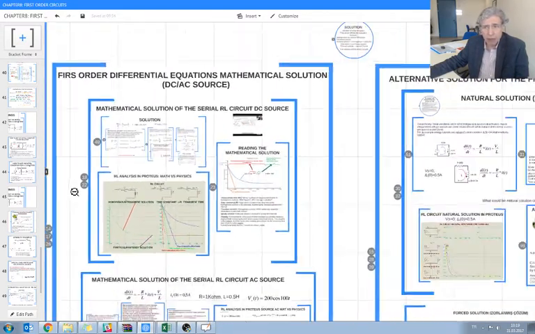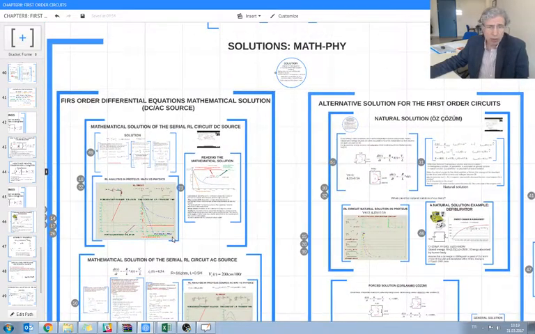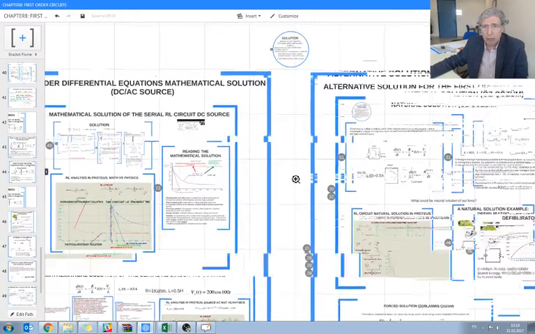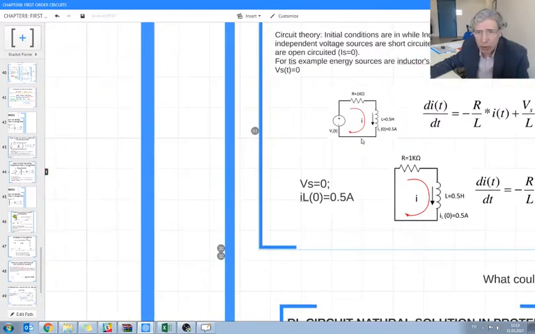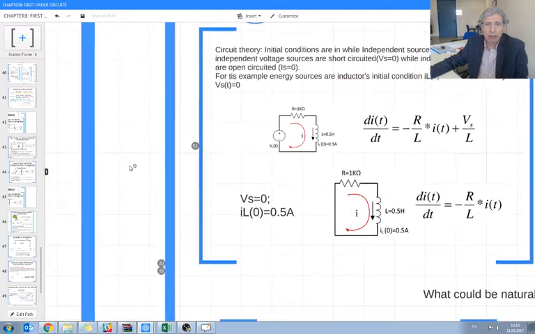And then we said there is an alternative to this: by using superposition, I can consider the given circuit here, which has two energy sources.